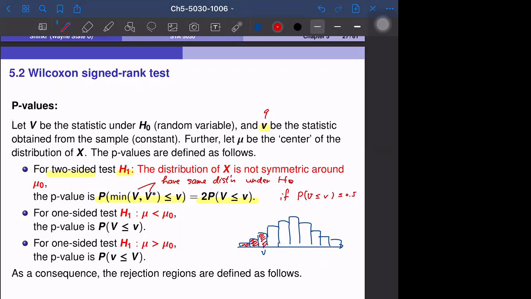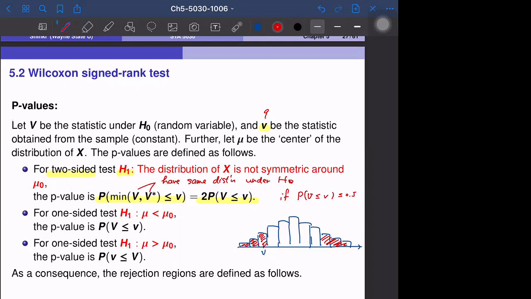This is a symmetric distribution, so I think we need one more bin: 1, 2, 3. Yes, we have to make it a symmetric distribution. Then for the two-sided test, the p-value is defined as the sum of the shaded area, the red area.